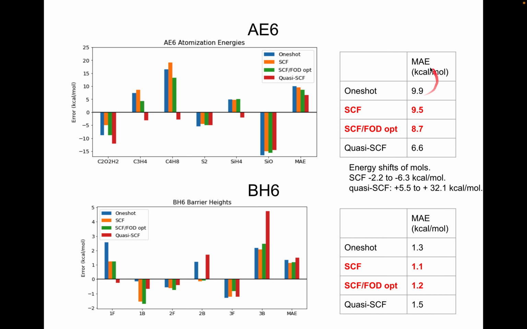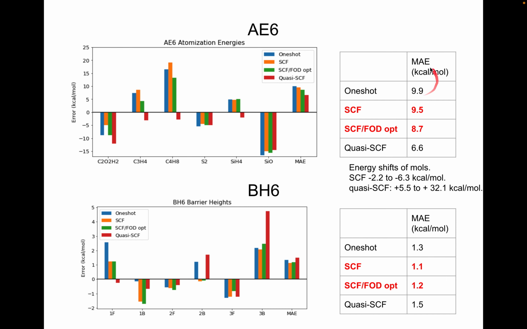As for the energy shift of the molecules from the one shot to the SCF, we saw a fairly uniform energy shift. They are somewhere between -2.2 and -6.3 kcal per mole.